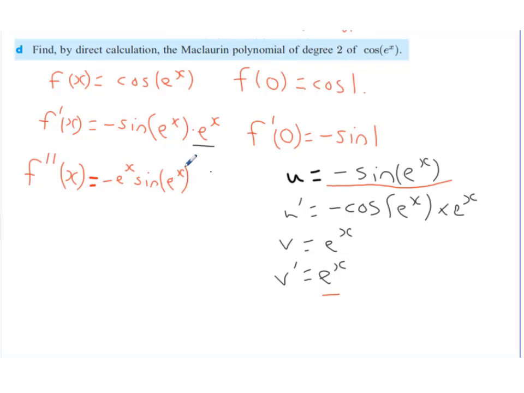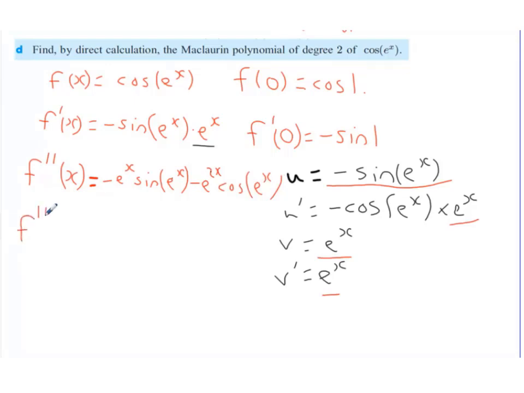So that is u dv by dx, and we need a v du by dx, which is going to be e to the x times e to the x times minus cos e to the x. So e to the x times e to the x is e to the 2x. It's negative, so minus e to the 2x times cos e to the x.